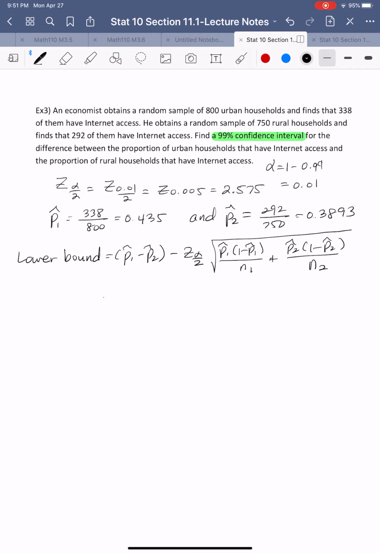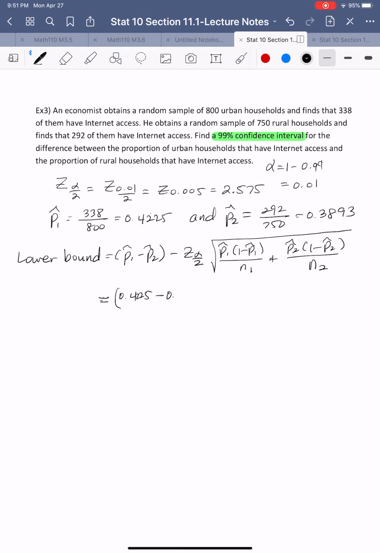And the upper bound, so I want to plug it in. So 0.435. Oh, sorry, it's not true. Sorry, it's 0.4225. Sorry about that.